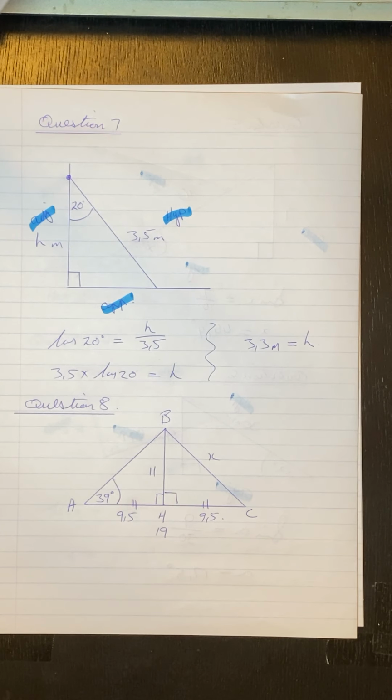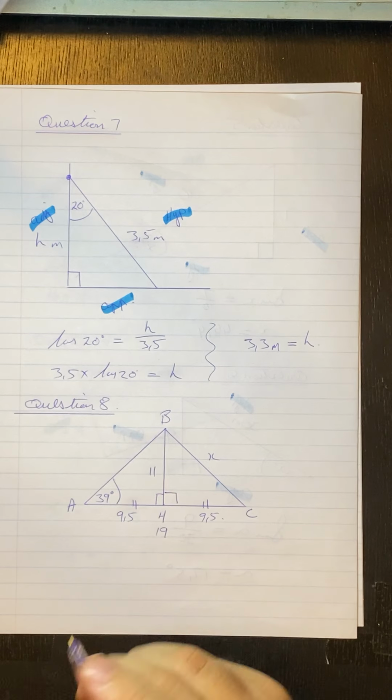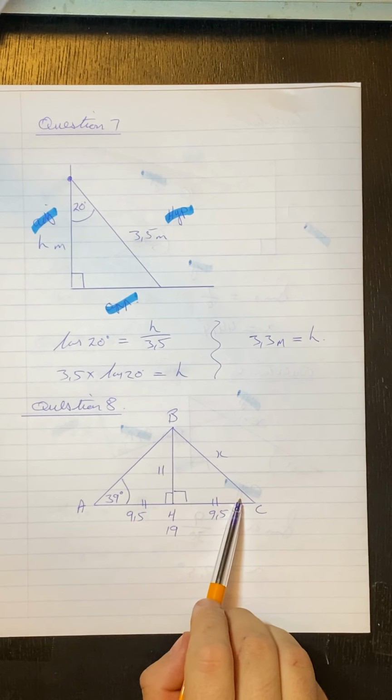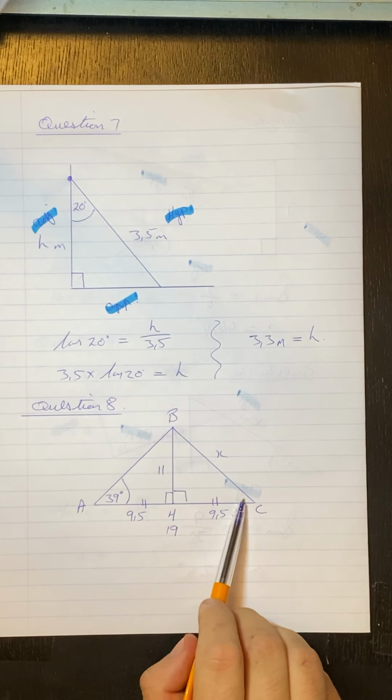Now, what I'm going to do now is, let's see how we're going to do this without making it too complex. All right, because this side is equal to this side, or the lengths, right?